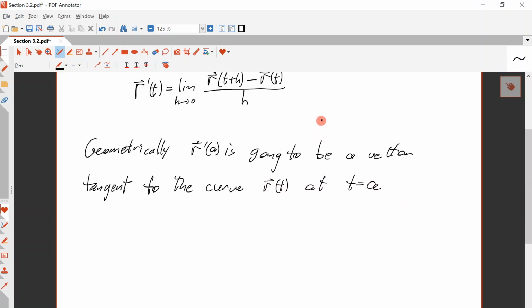So how do we see that? Suppose this is r of t, and we're moving along the curve in this direction.